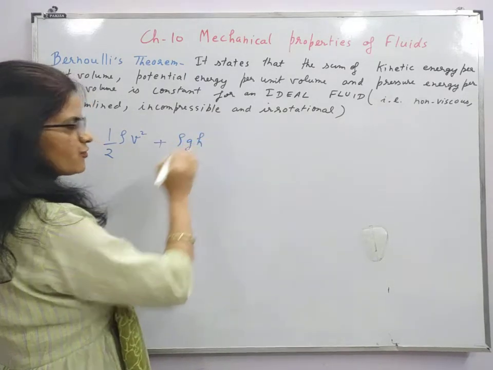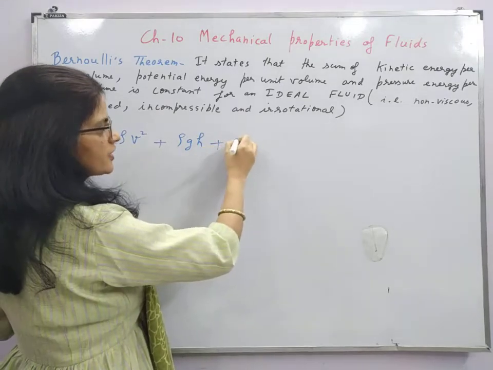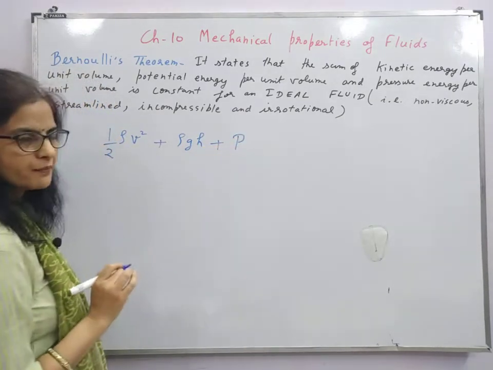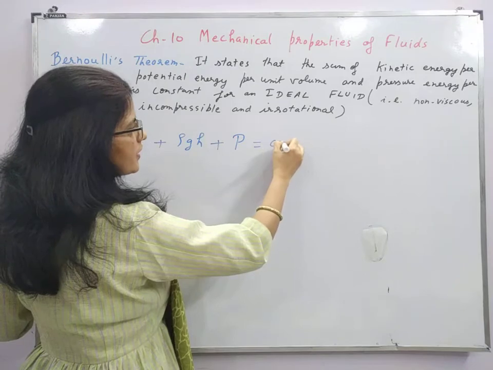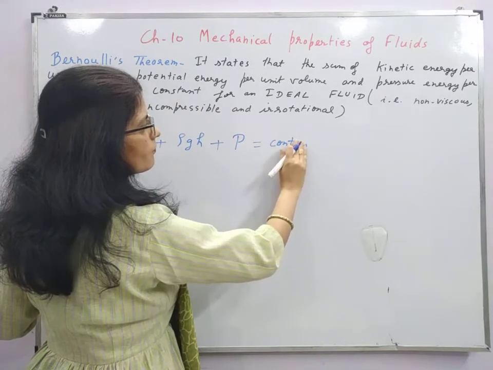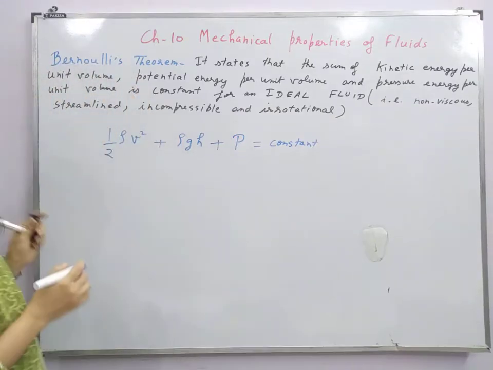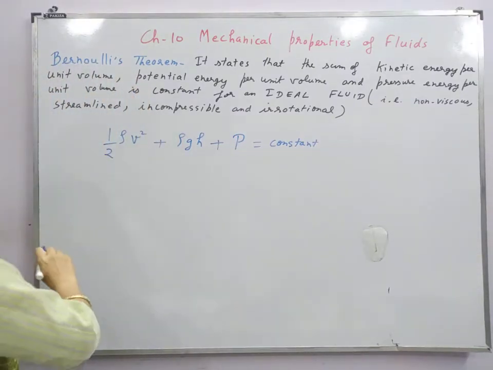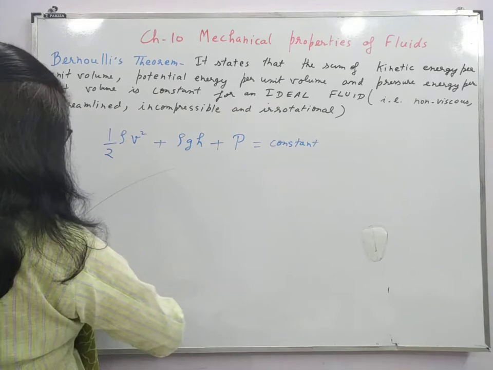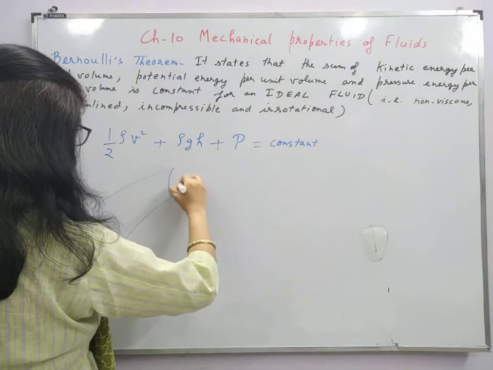This was rho gh, we had derived it. And then what is pressure energy per unit volume? It is P. So it is constant for an ideal fluid.